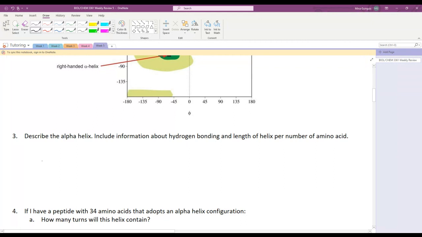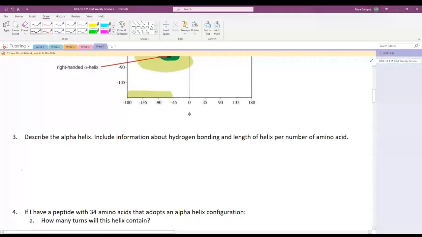Okay, so very briefly, the alpha helix is a helix. I mean, it looks kind of like that.